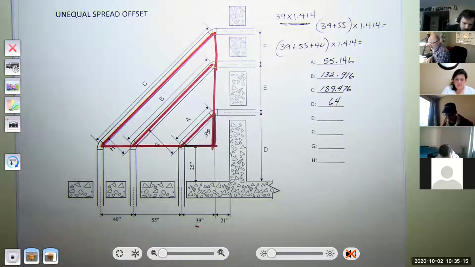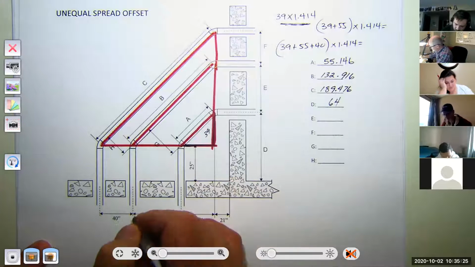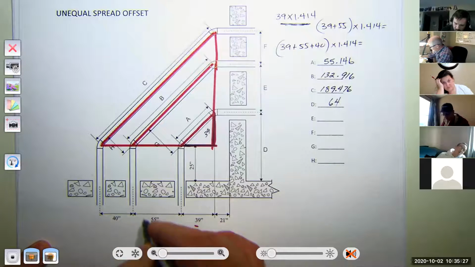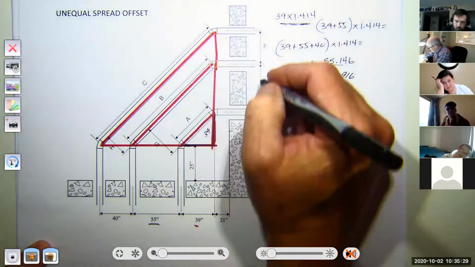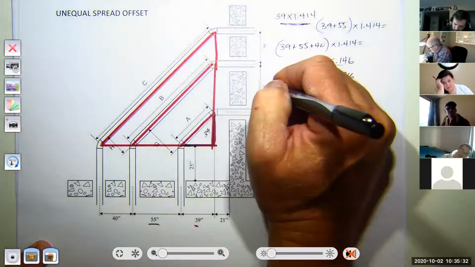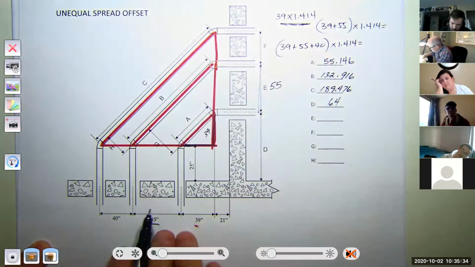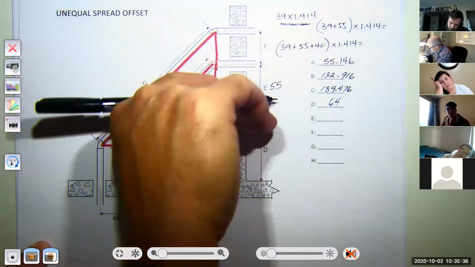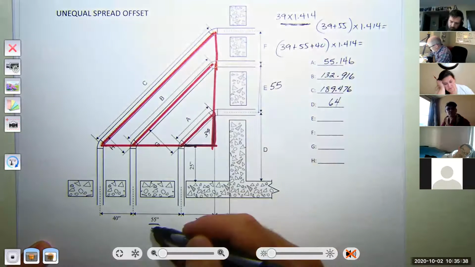So now I want to get E. Well, E, because these pieces of pipe right here, this 55 here is also here. E is 55 because this travels the same. So E is 55.